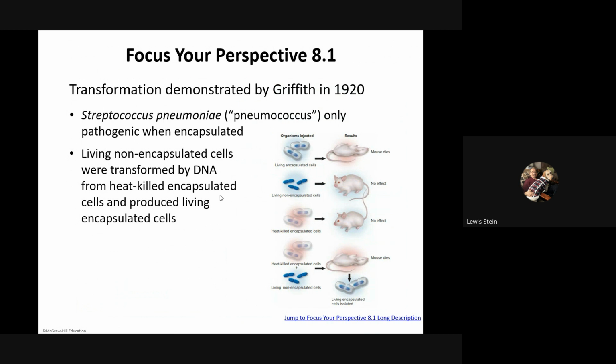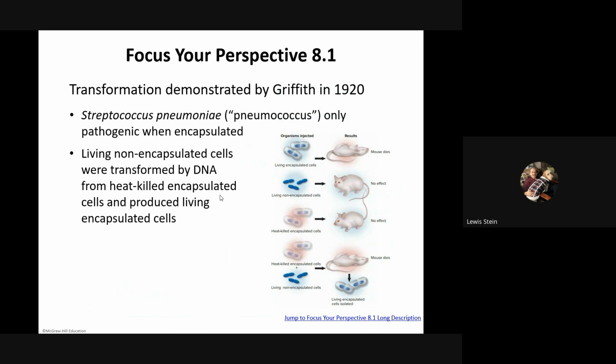Then he took heat of the non-encapsulated cells, and interestingly, he killed the encapsulated cells rather, and injected it. The mouse was fine. But when he mixed the two together, I actually proved this by plating them out, like you do it. When he mixed non-encapsulated with the heat-killed encapsulated, all of a sudden, mice were dying.